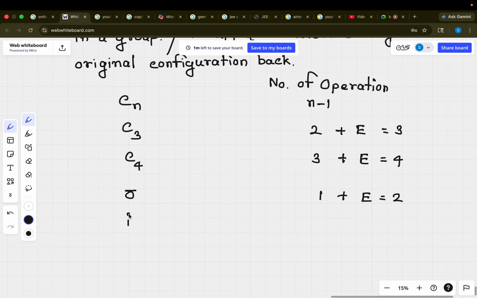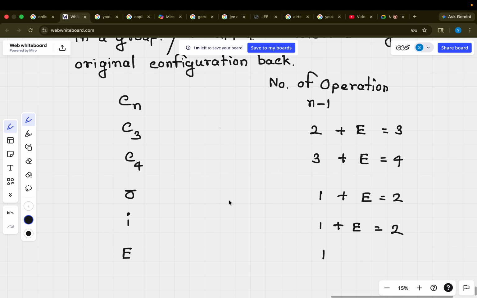Suppose you have an inversion center. There also you have one operation, and adding the identity gives 2. And E, the identity, alone gives only 1. So these are the things we have.